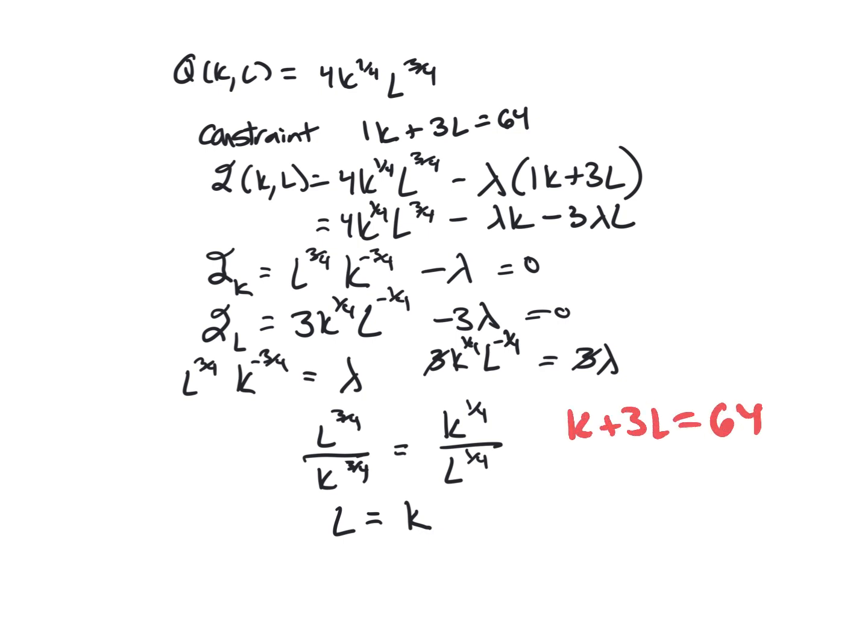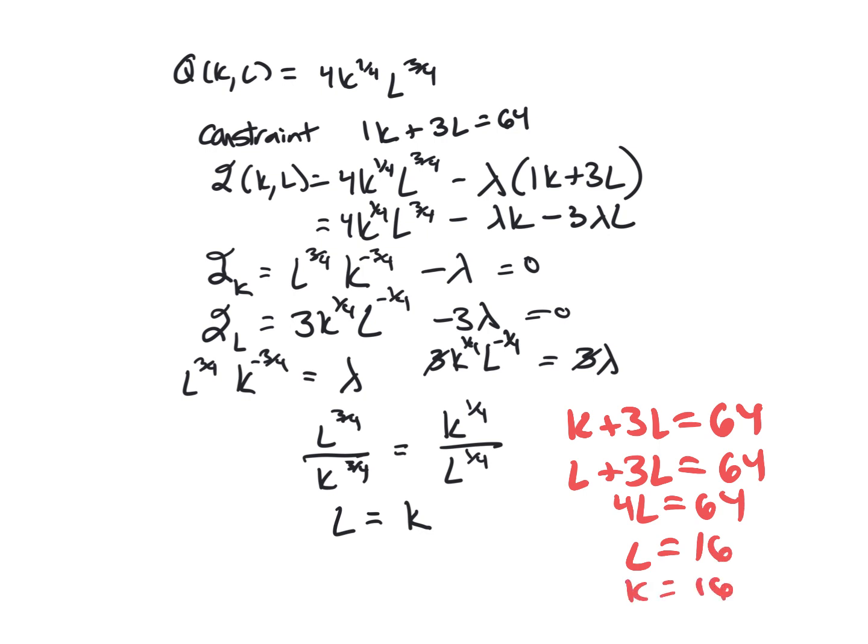Well, K is just L, so let's just plug that in. So L plus 3L equals 64. 4L is 64. So L is 16, and we said L equals K, so that means K also is 16.